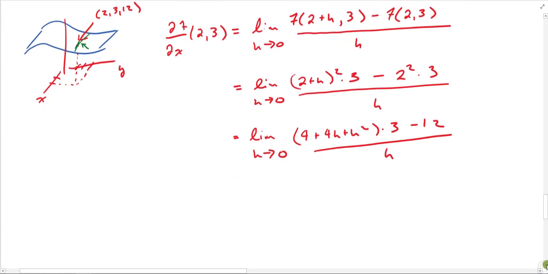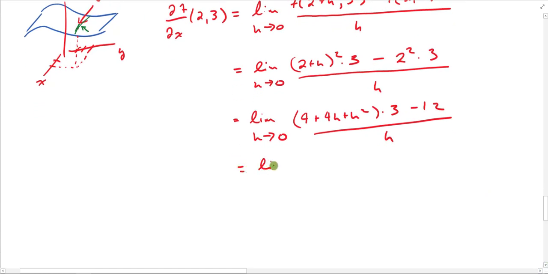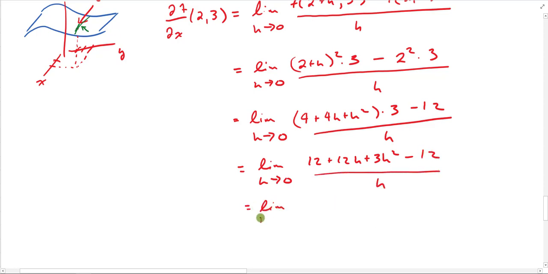And continuing, we get the limit as h approaches 0 of 12 plus 12h plus 3h squared minus 12 all over h, which is the limit as h approaches 0. And we do some more canceling. We can eventually write this as h times (12 plus 3h) all over h.